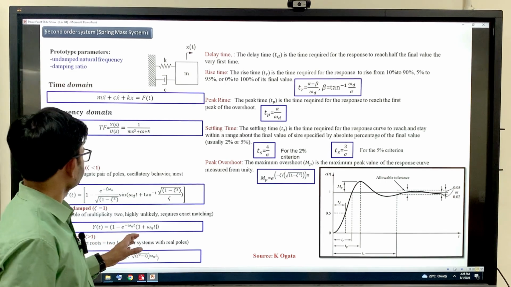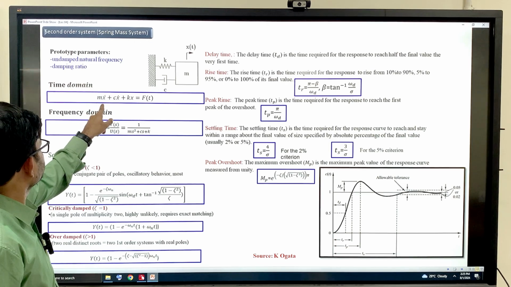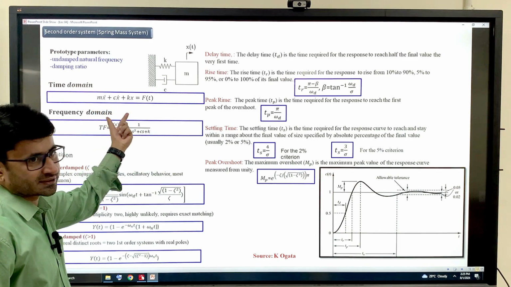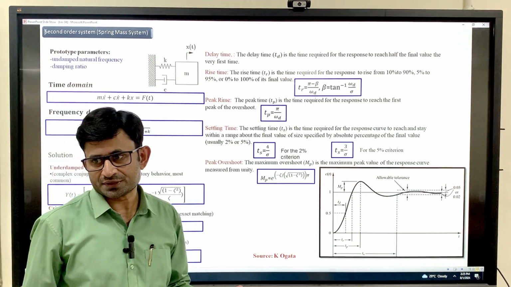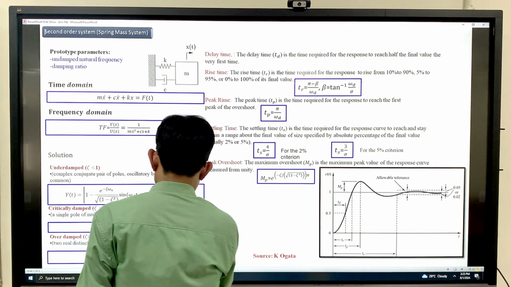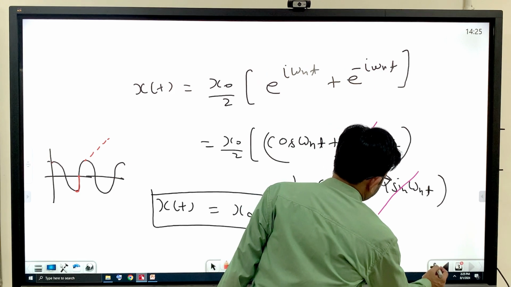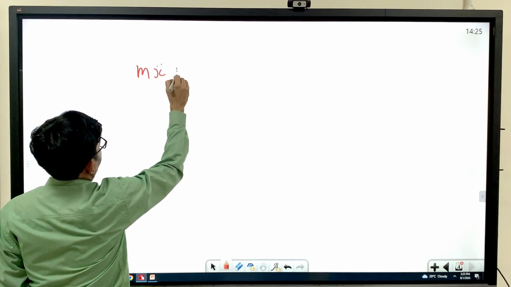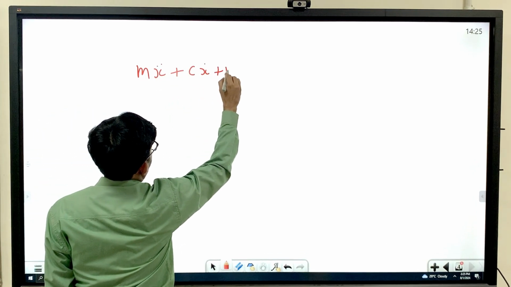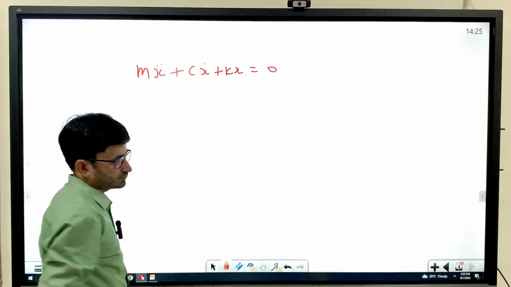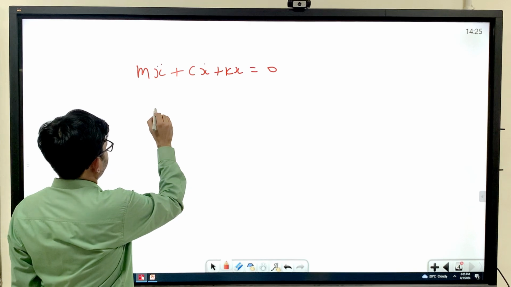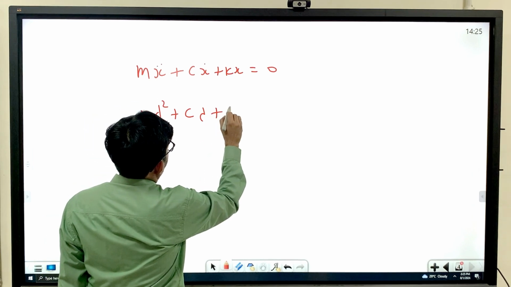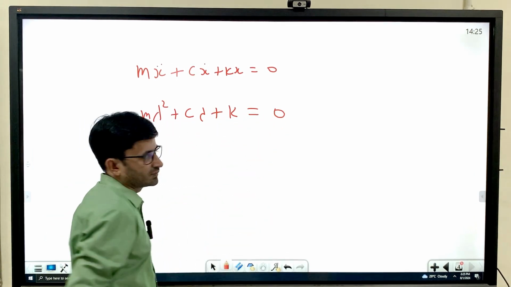Now you can see I have explained the m x double dot plus k x part, right? Now we will add this c x dot part and see what comes. m x double dot plus c x dot plus k x equal to 0, right? So can I write m lambda square plus c lambda plus k equal to 0, like we did?